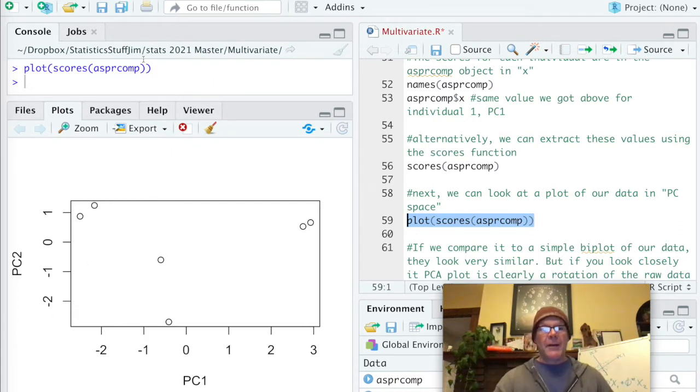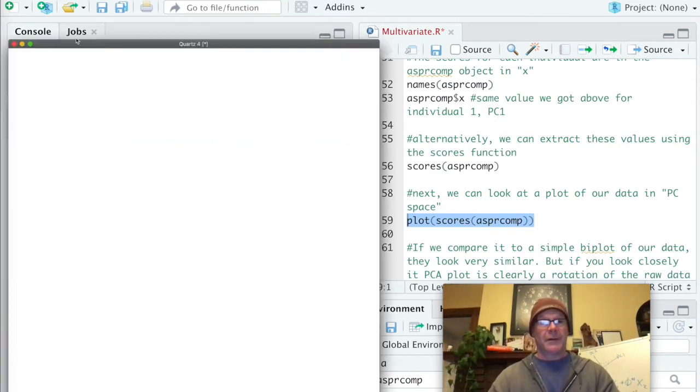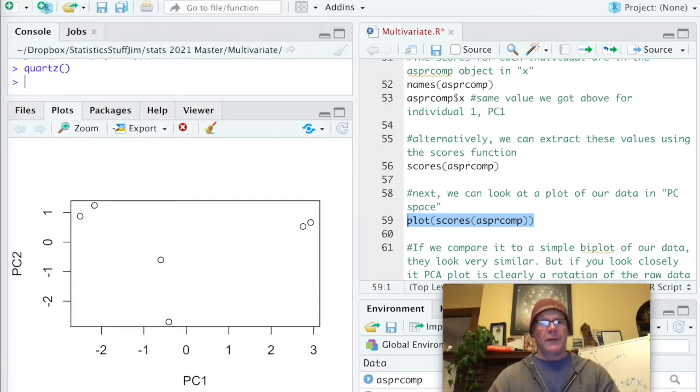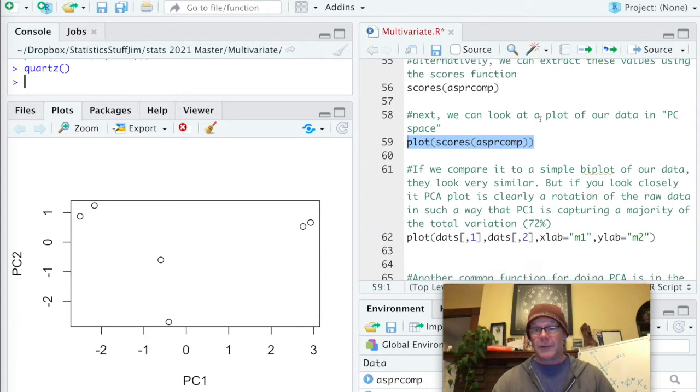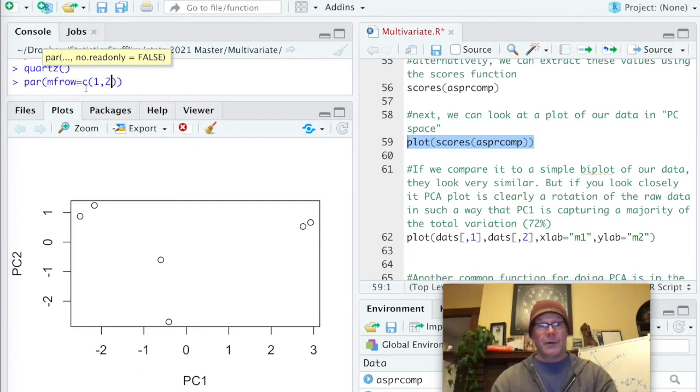And we could compare that to, let me do this real quick, I'll make a little quartz window. And I'm going to plot them side by side with our raw data. And so let me do a little chicanery here. Parameter mfrow equals 1 row, 2 columns.